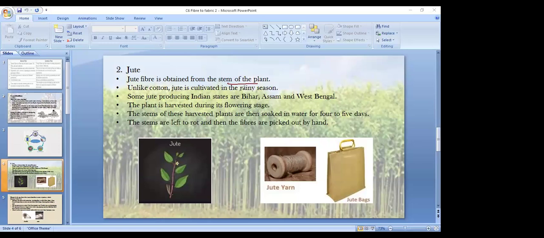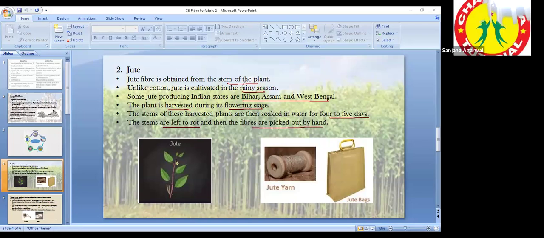Some jute producing Indian states are Bihar, Assam, and West Bengal. The plant is harvested during its flowering stage. The stems of these harvested plants are then soaked in water for 4 to 5 days. The stems are left to rot and then the fibers are picked out by hand.